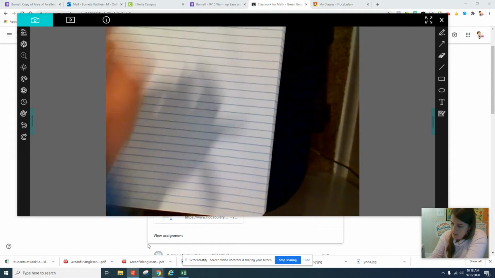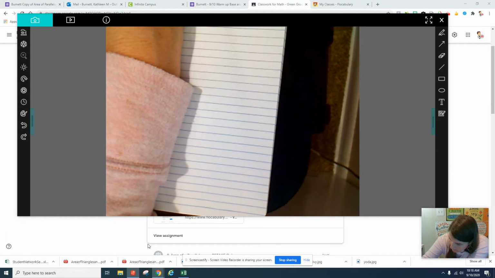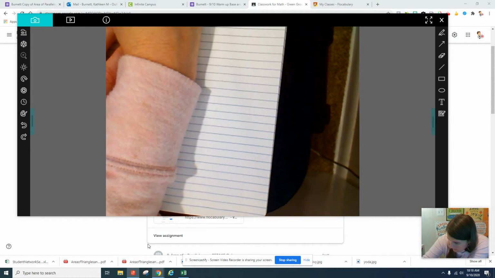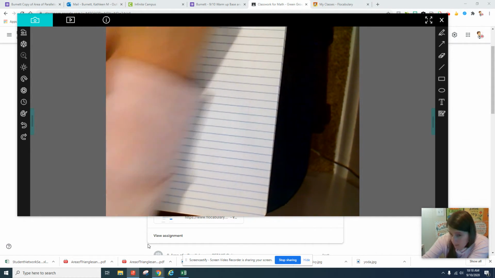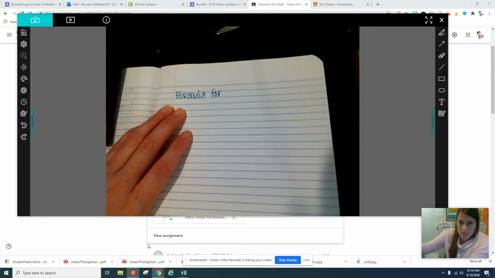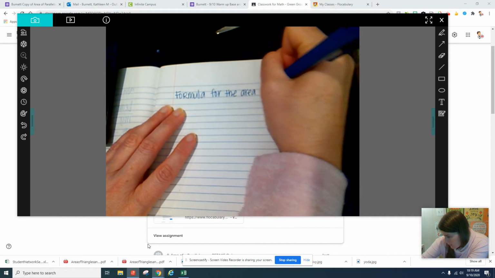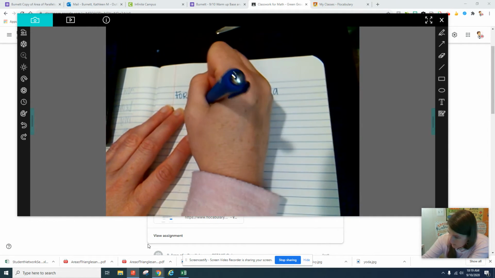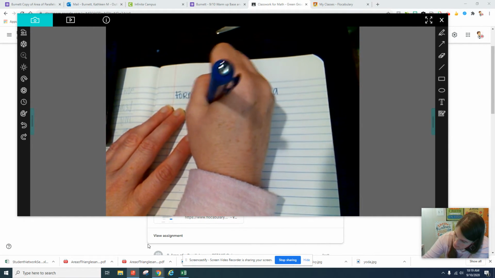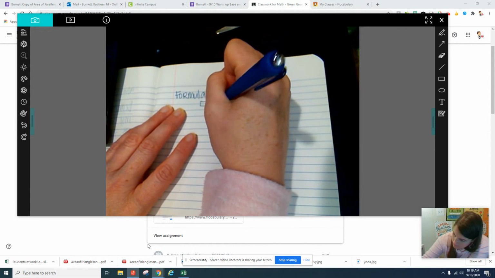All right, so with that in mind, the formula for, here we go. The area of a, you don't have to do bubble letters if you don't want.